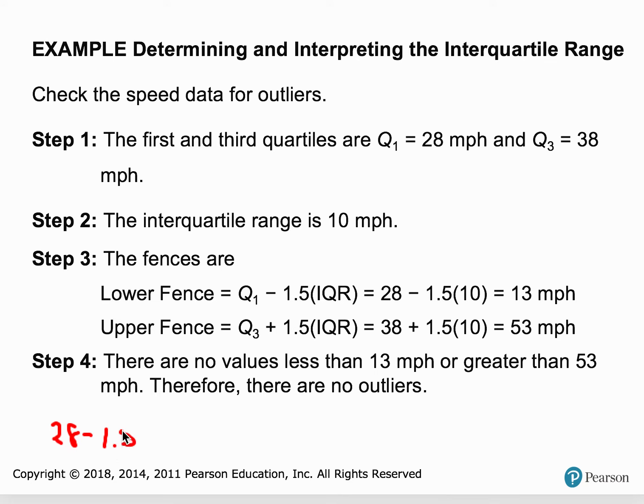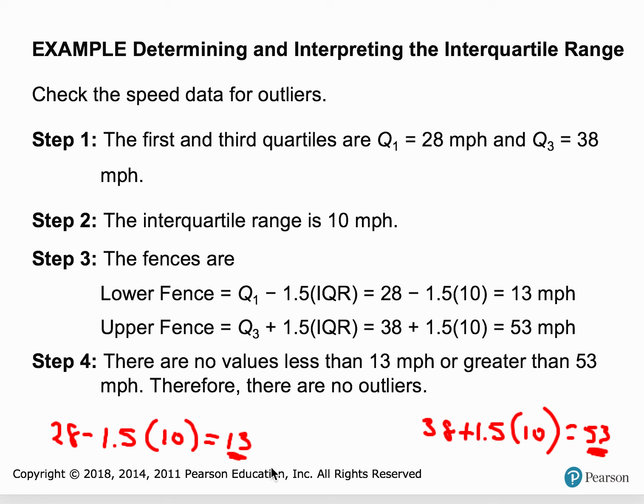And the upper fence is the third quartile plus 1.5 times the interquartile range. So apparently that's 13 and that's 53. These are our fences. Any values above 53 we consider an outlier. Any values below 13 would be an outlier for this set of data.